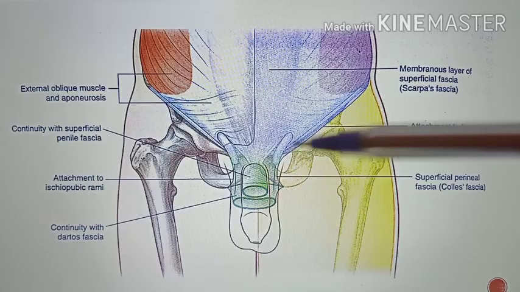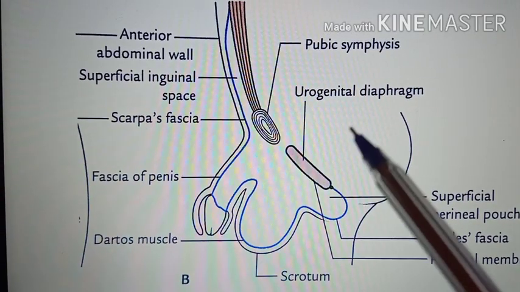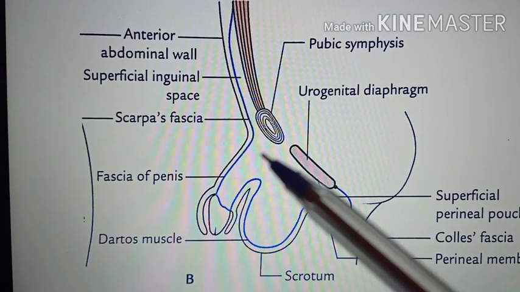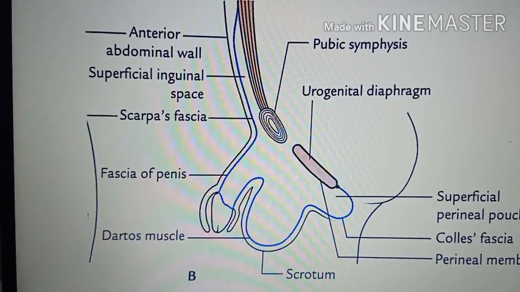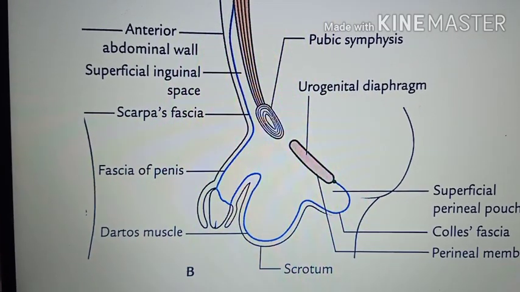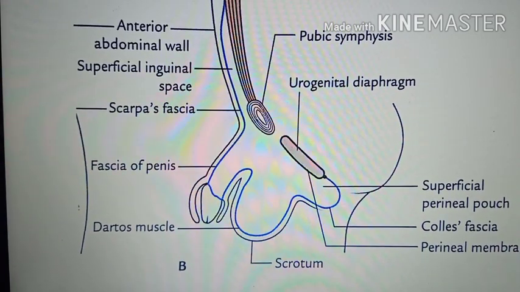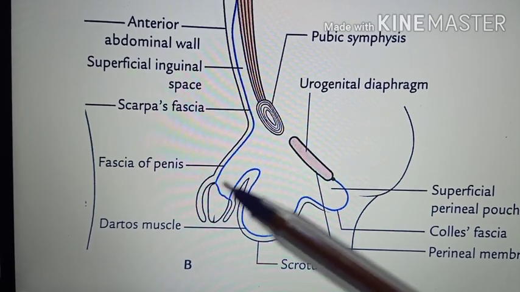The Scarpa's fascia will attach to the fascia lata just below the inguinal ligament. In men, in this picture, the Scarpa's fascia is continuous over the penis and blends with the superficial layer to form the Buck's fascia, B-U-C-K, which is the fascia of the penis. This is the Buck's fascia.